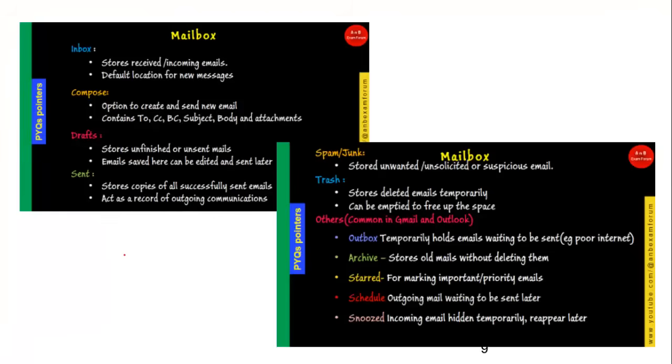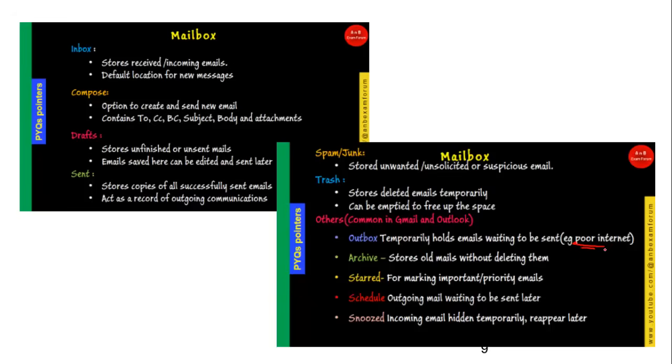Again, we have already made a wonderful video on email, where we discuss the mailbox, the different types of folders in the mailbox, and the important previous year pointers that we have shared in that video. It is in our playlist, I guess. If not, we are going to put it in another 1 or 2 days. As you can see, there are other folders in the mailbox, like outbox, which temporarily hold the email waiting to be sent because of a poor internet connection.